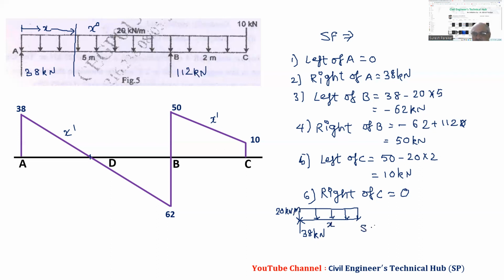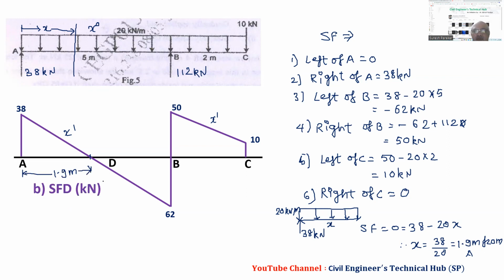So shear force equal to 0 equal to 38 minus 20 into x. From this we will get x equal to 38 upon 20, that is 1.9 meter from A. So shear force will be 0 at 1.9 meter from A.